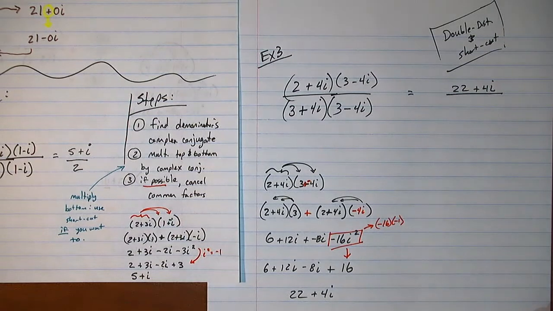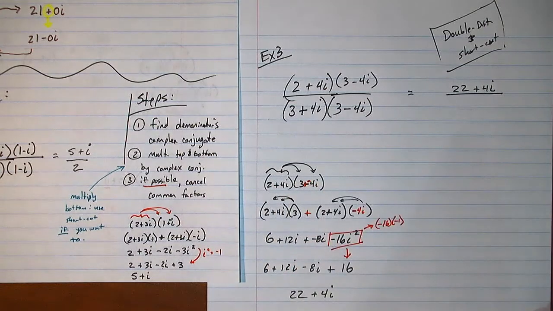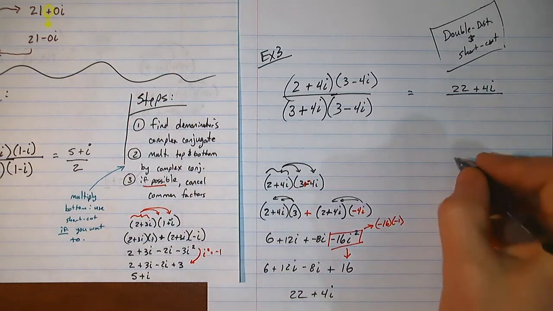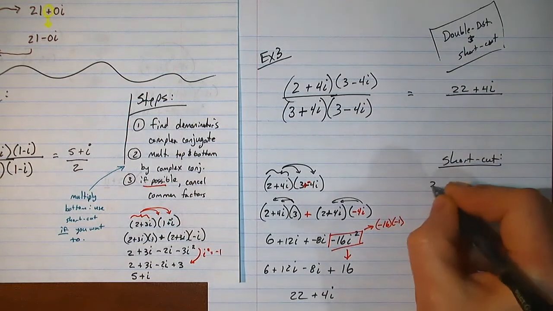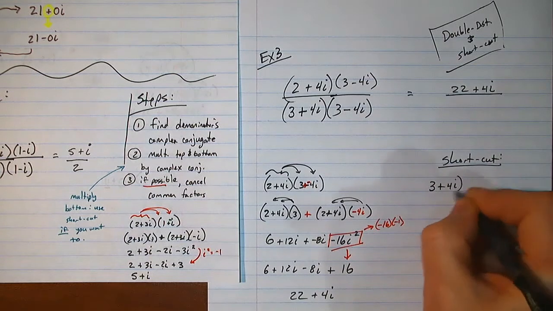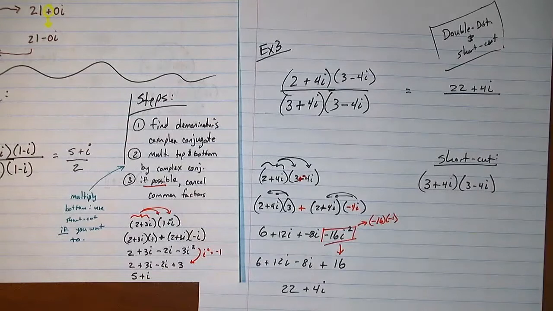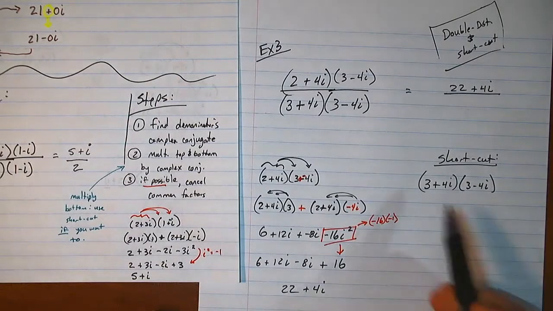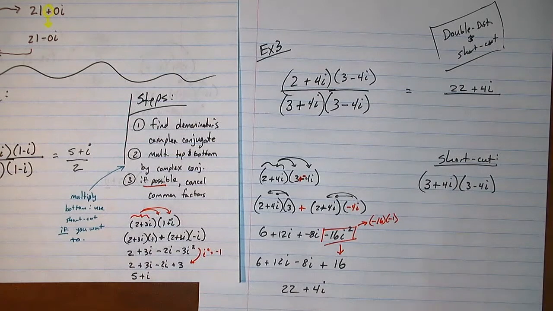All right, now 3 plus 4i times 3 minus 4i. This time I'm going to do it with this shortcut. Remember, first of all, you might want to recognize when you can use the shortcut. The only time you can use the shortcut is if you're multiplying conjugates. Everything is the same except for the sign in the middle. That's when we can use it.